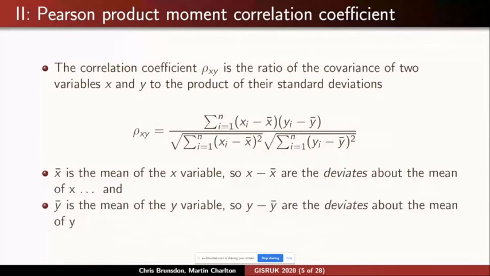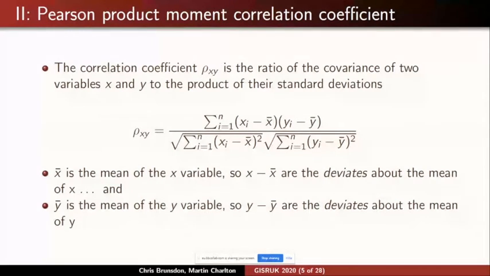Well, I'm sure we've all typed this one in our lifetime. It was fun typing it in Markdown. So the correlation coefficient, Pearson's, is the ratio of the covariance of two variables, and we'll call them x and y, and we'll assume they have a roughly normal distribution, to the product of their standard deviations. So on the top there, xi minus x bar, so x bar is the mean of the x variable, so the x's are the deviates about the mean of x, and yi minus y bar are the deviates from the mean of y.